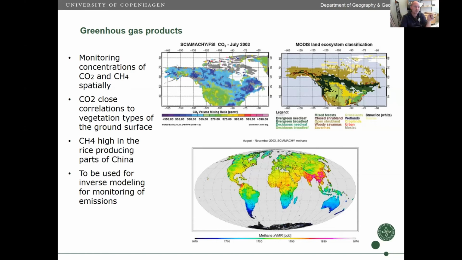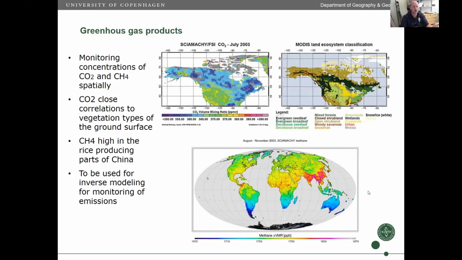Here we have huge boreal forests absorbing a lot of carbon dioxide from the atmosphere, lowering the concentrations. Whereas here in the southwestern part of the US, there are more desert-like and prairie-like biomes that are not absorbing as heavily, and thereby the concentrations in the atmosphere are actually a little bit higher.